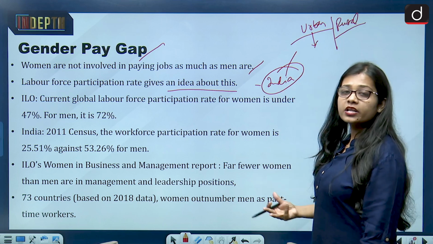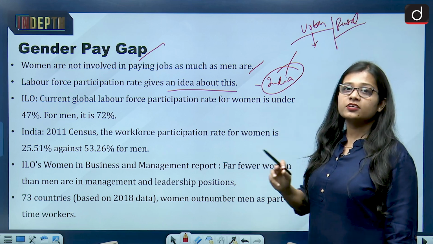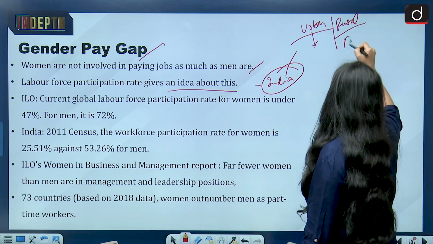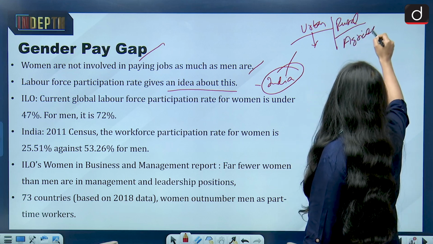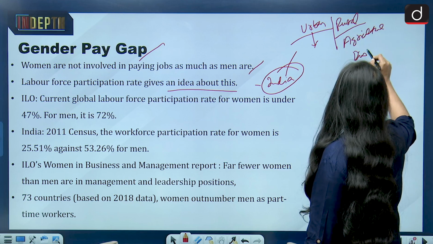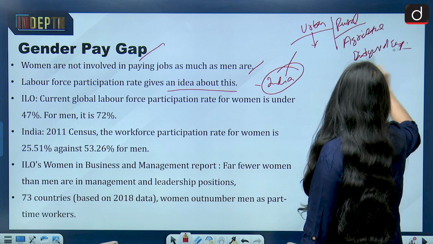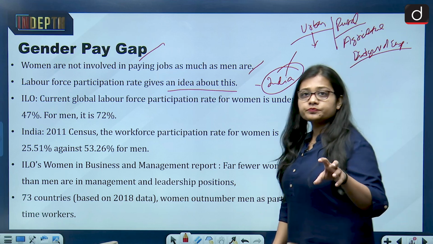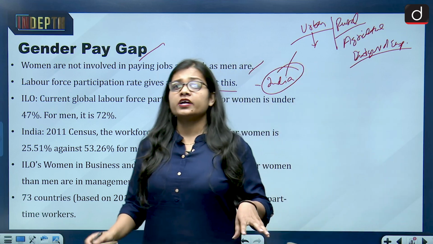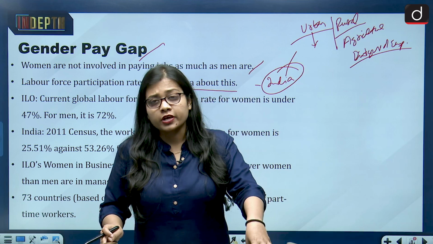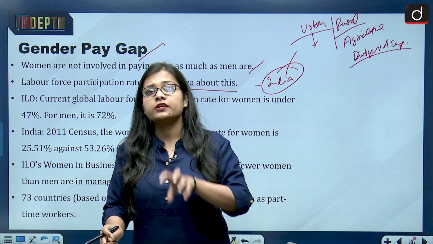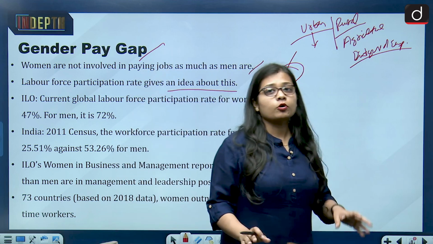And rural labor force participation in India in itself is a very big problem with regard to agriculture, as it raises the problem of disguised unemployment. It means that even though two people are needed for that job, in a family of five, all five are employed in that job. So that is also a problem.